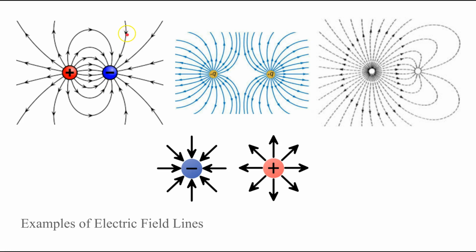You could also use these lines to find out the strength of the forces. If you have a lot of lines in one place, say near any one of the charges, that means the force is strong there.